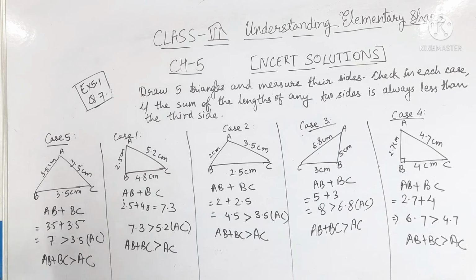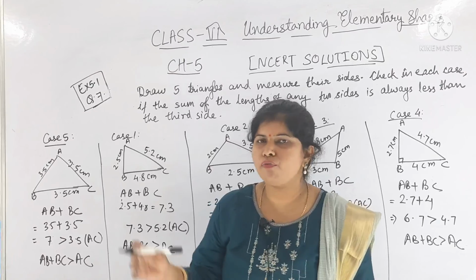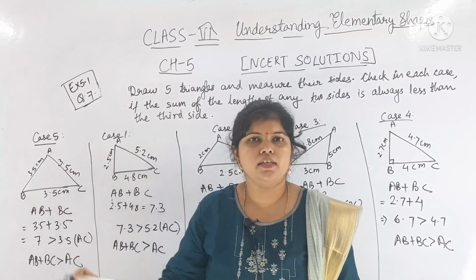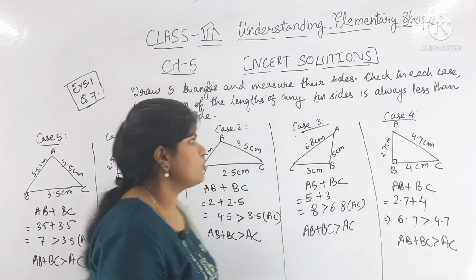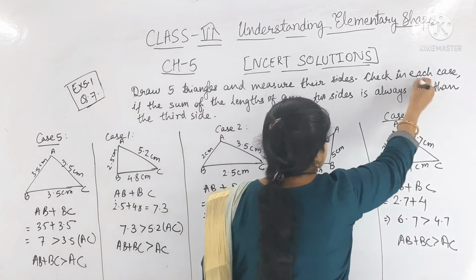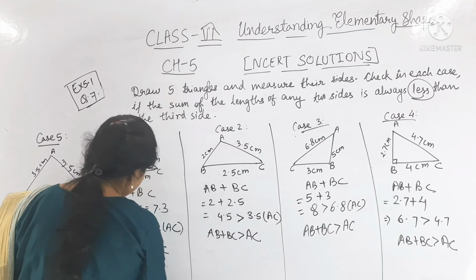So here you can see that in all the 5 cases the sum of the length of any two sides is always greater than the third side, not less than. So here it is written less, so that is wrong. Okay, so you have to conclude like this.